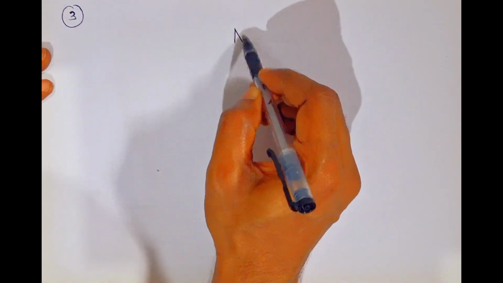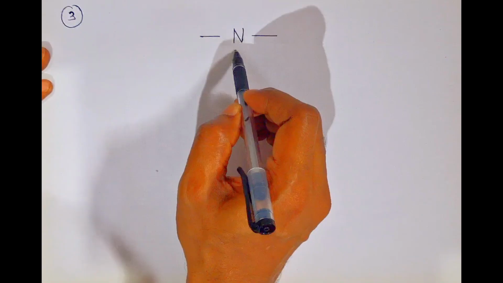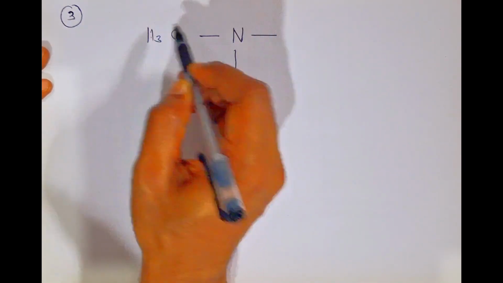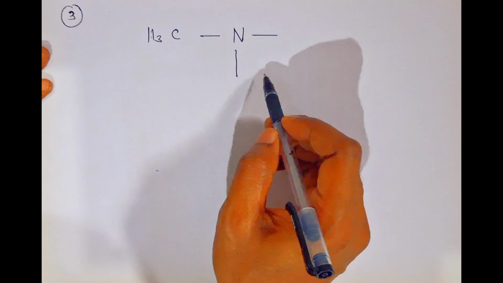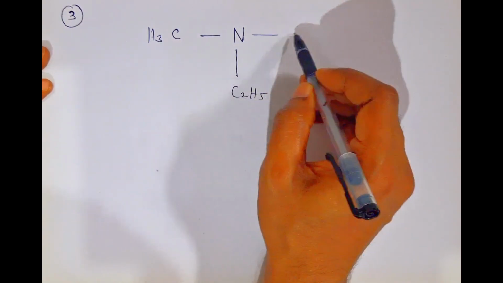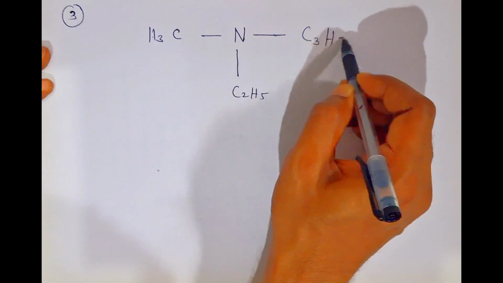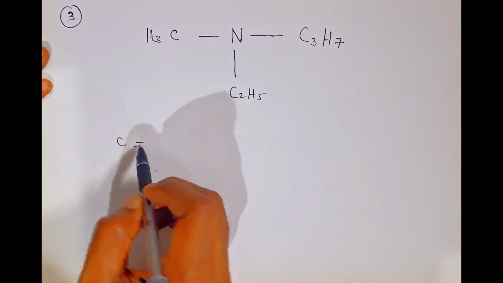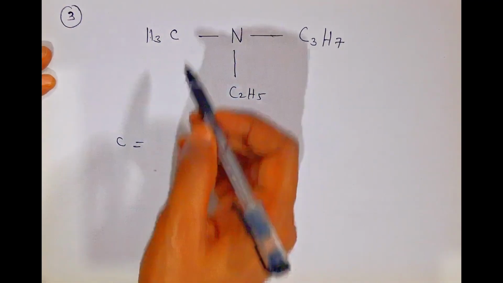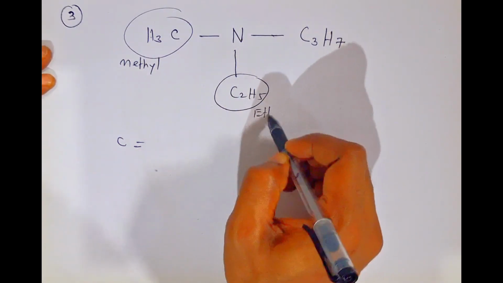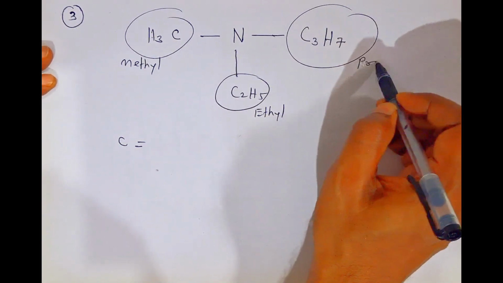In the next one, the nitrogen is shown, and all the hydrogen is replaced by methyl, by ethyl, and the third valency of this nitrogen is replaced by propyl, C3H7. Okay students, so what will be the name? You know this is methyl, this is ethyl, and this is propyl.